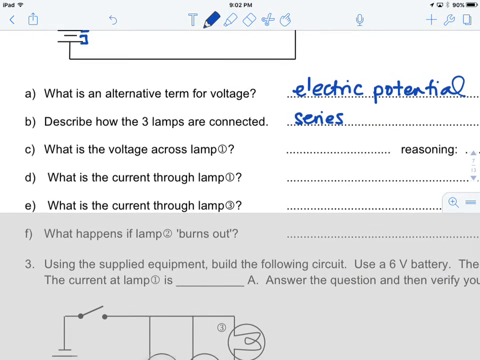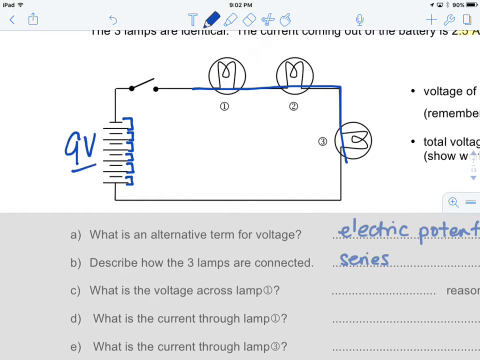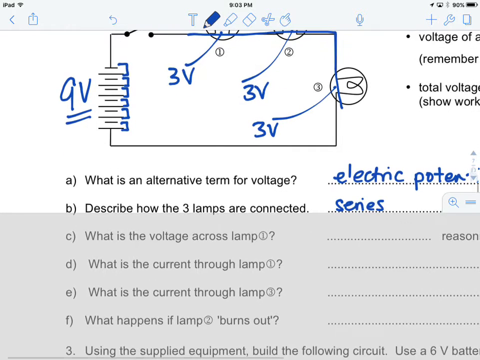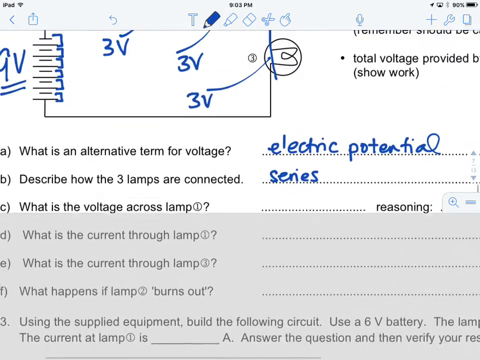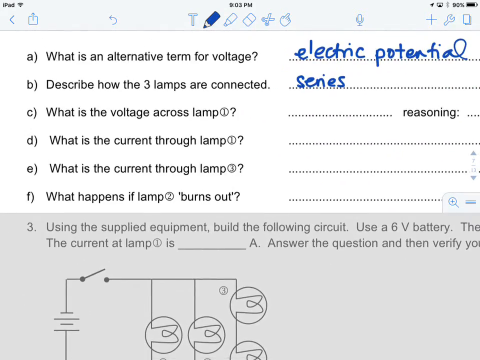What is the voltage across lamp 1? If I've got 9 volts and these lamps are all identical, voltage is going to be split. You're going to get 3 volts here, 3 volts here, and 3 volts here, because in a series circuit we split our voltage up.